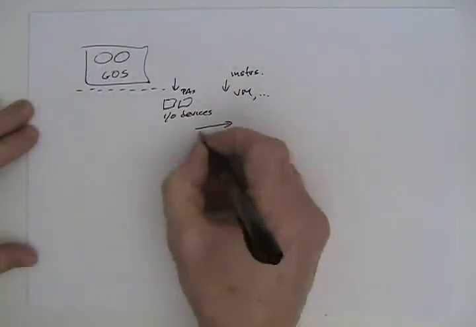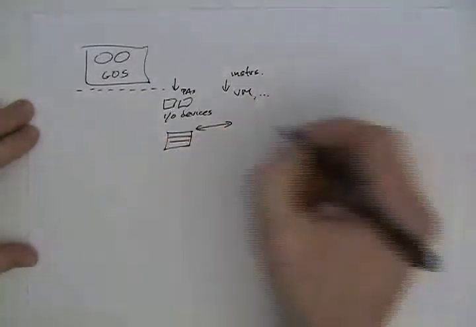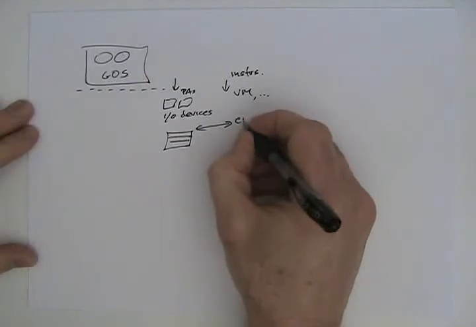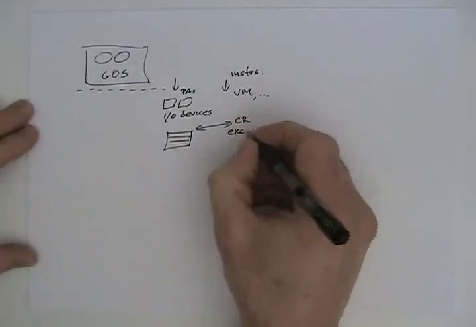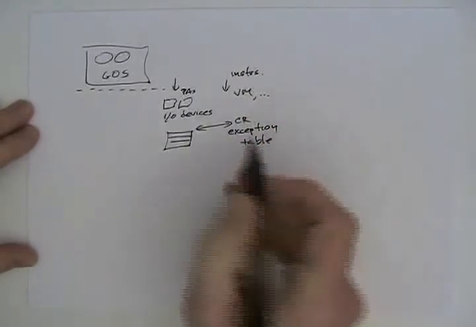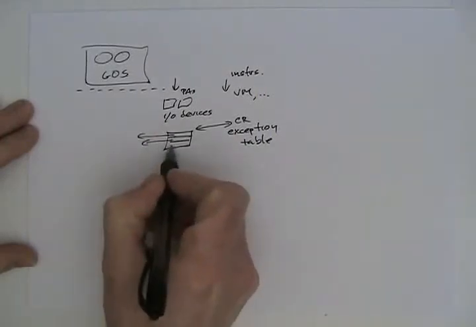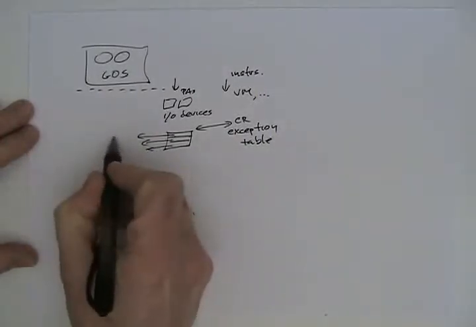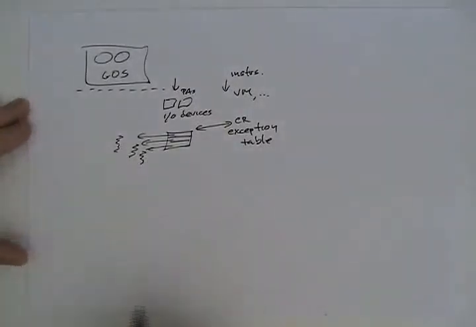So there's a control register for the exception table, and the addresses that you put in this exception table correspond to functions which execute when those exceptions happen.